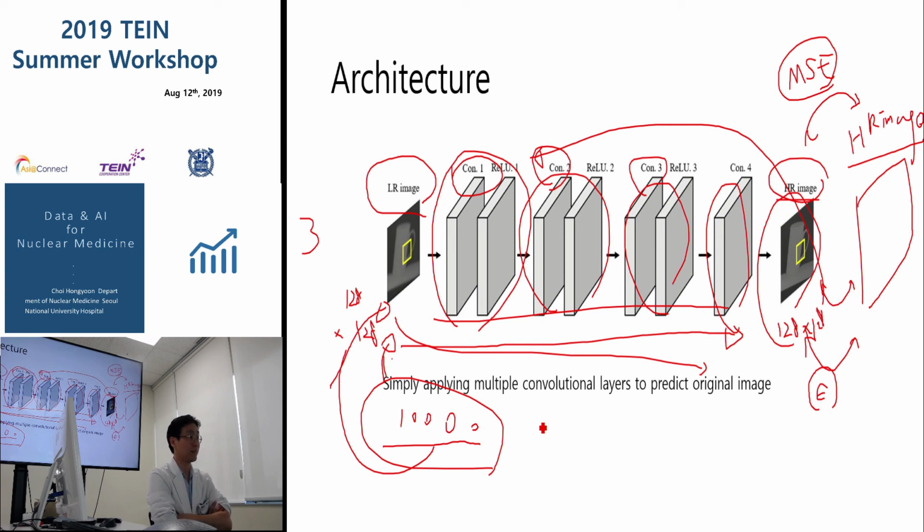But this will affect the quantitation? Yeah, sure. However, actually, noise from the low dose PET data also affects quantification. So will this improve the quantification, or overestimate it? I don't think so.